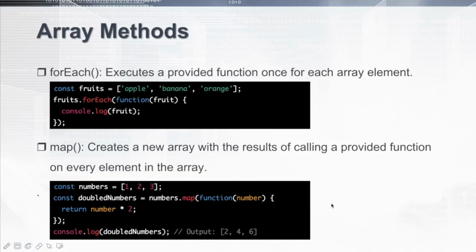We're going to look at the forEach method as well. The forEach and map methods are similar because they are used to achieve the same thing: to loop through an array and perform an action on the array element.